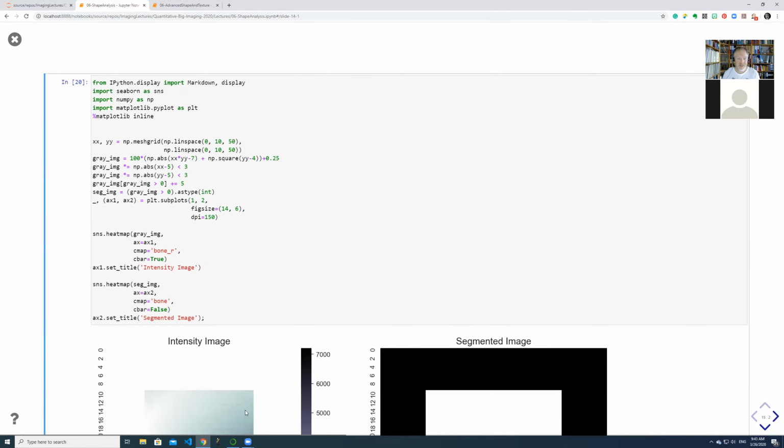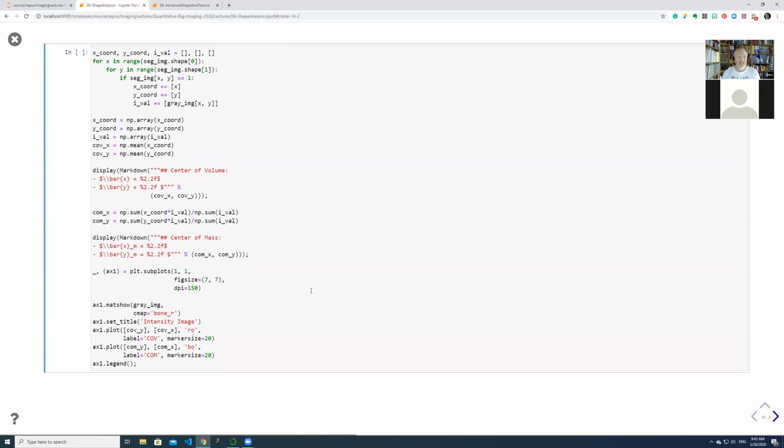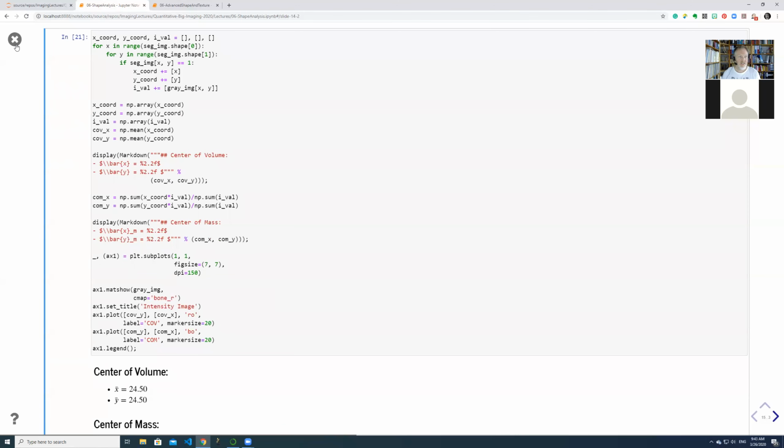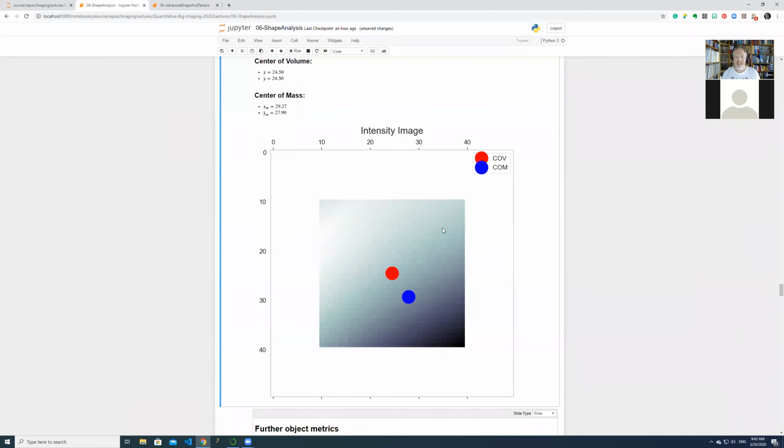So let's try with an image which has a gray level gradient, as I show here. And the segmented one would look just like a black and white. Computing the centers on this one, you can see that the center of volume is perfectly in the middle of this image, while the center of mass has been displaced, because this is a lighter region and this is a heavier region.